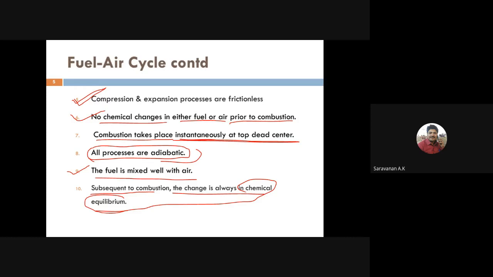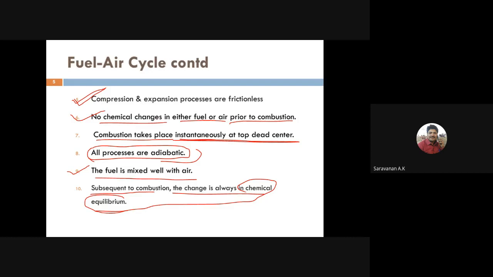For example, the thermal efficiency of the petrol engine for the compression ratio of 7:1 is 15% in actual engines.